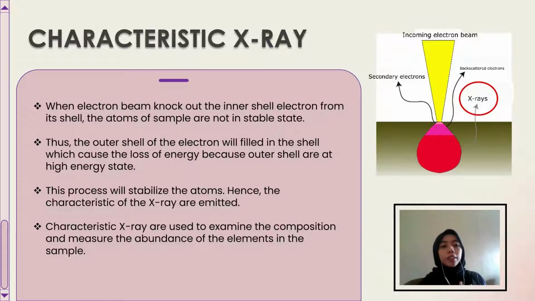This process stabilizes the atom. Hence, the characteristic X-rays are emitted. So characteristic X-rays are usually used to examine the composition of a sample and measure the abundance of the element in the sample.